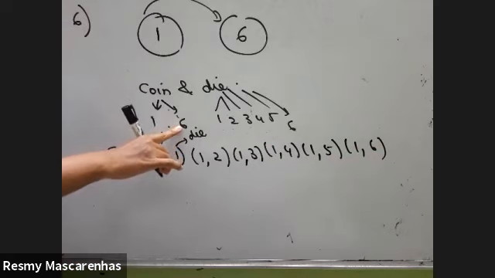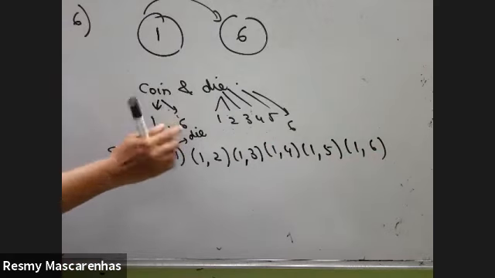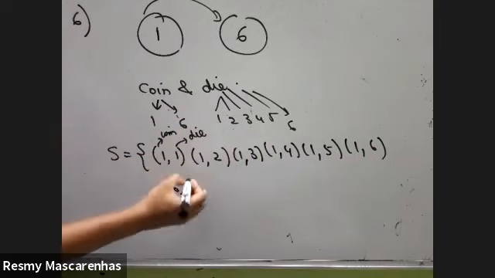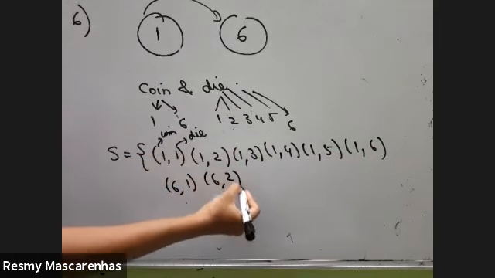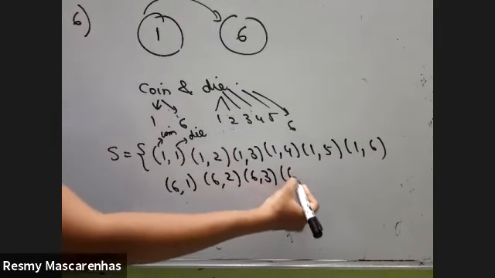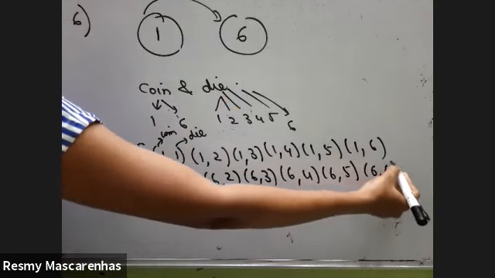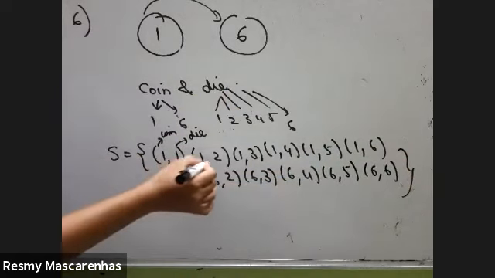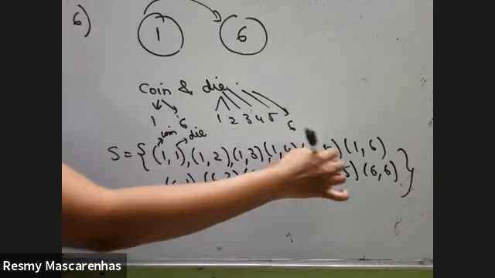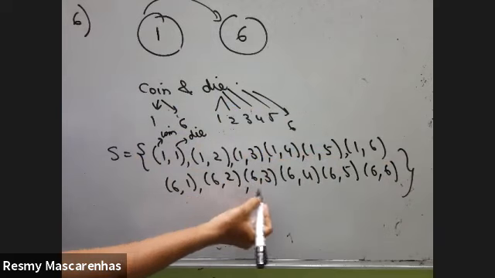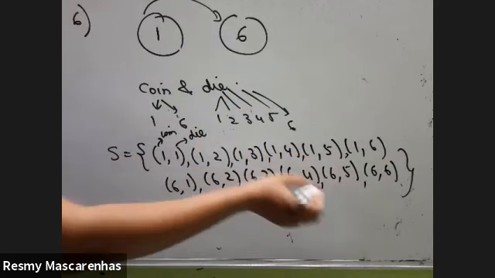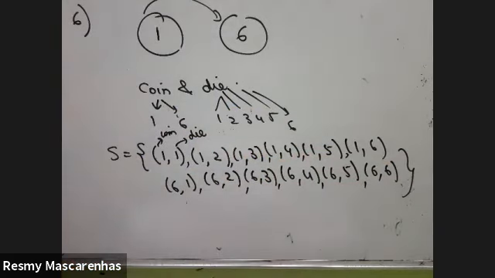Which other combination can come? If you throw the coin, 6 could come, and on the die it could be 1, 2, 3 and so on. So this is your sample space. The first one tells you about the coin, and the second one tells you about the die. These are all the possibilities which can come up if you throw a coin and a die at the same time.